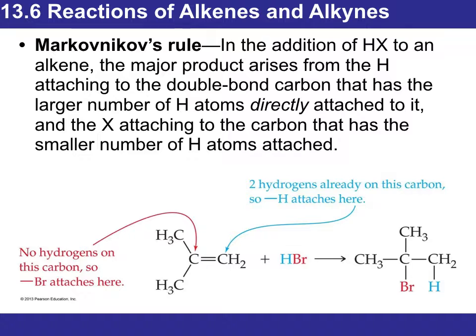The rule is pretty simple. Here, when you look at this, you see on the far left in red, there are no hydrogens on this carbon, so that is where the bromide will attach itself, Br. On the right side, you already have 2 hydrogen atoms, so you're going to put a third one that's going to attach.